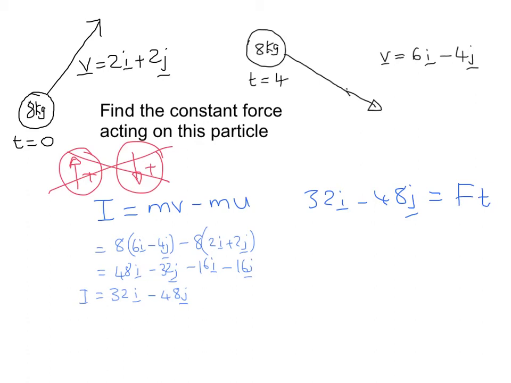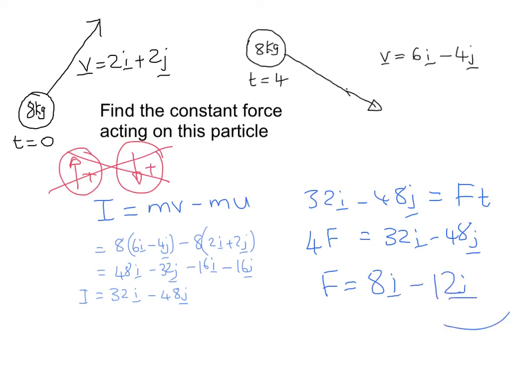I know the amount of seconds, it's gone from t is 0 to t is 4, so 4 times the constant force acting is 32i minus 48j, and so dividing both sides by 4, we get 32 divided by 4, 8i minus 12j, and that's the constant force acting on this particle.